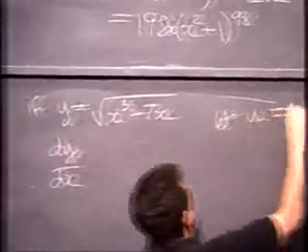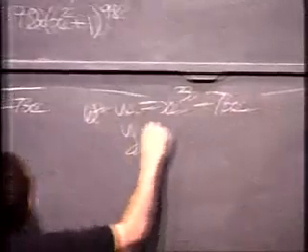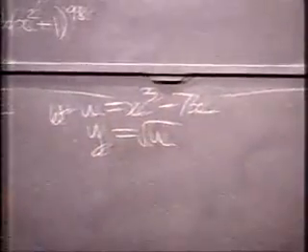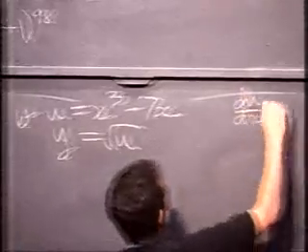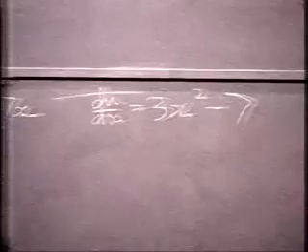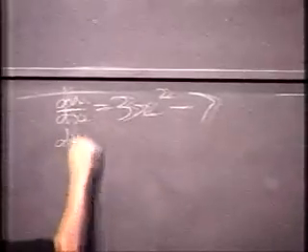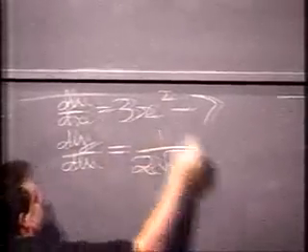Let u equal x cubed minus 7x. Then y is equal to root u. I need du/dx, so I just write it down. It's 3x squared minus 7. Easy enough to read. And dy/du, I know the derivative of root x is 1 over 2 root x. So dy/du is 1 over 2 root u.